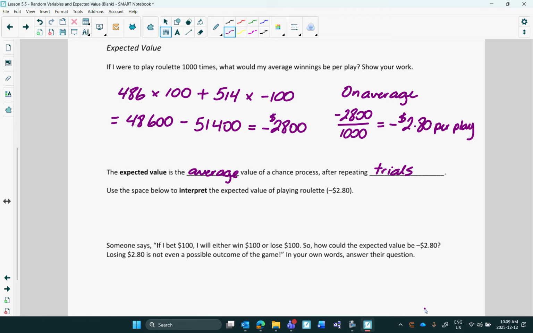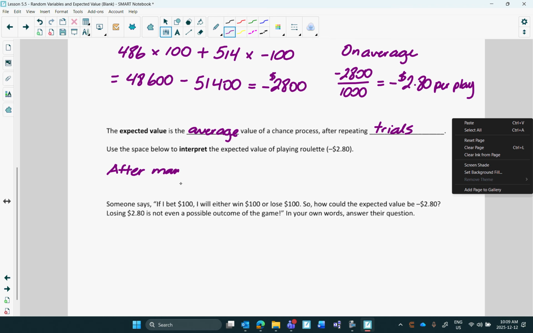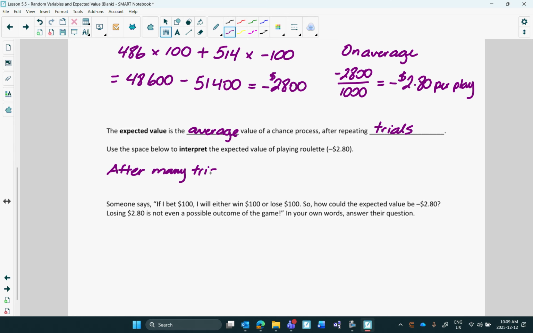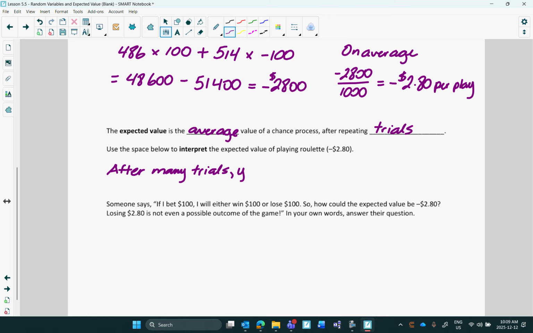Because remember in statistics, we like to interpret. After many trials, you want to add that, or after many spins, because it's specific to a roulette wheel, you would expect to lose $2.80 on average.